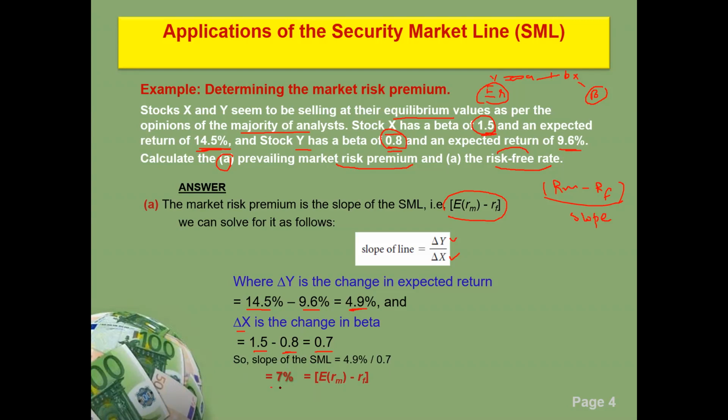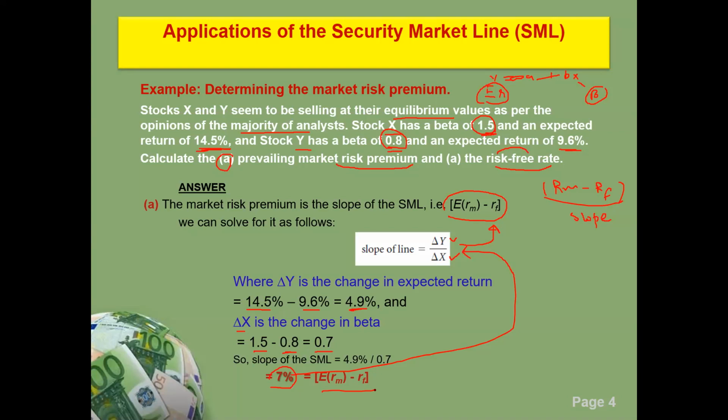When we divide it, we get the risk premium, or slope. We got 7%. 7% is delta y over delta x, and we know that is the slope. So the slope is 7%. We used our basic mathematics from the quantitative course, the slope formula. The slope of a line is delta y over delta x.